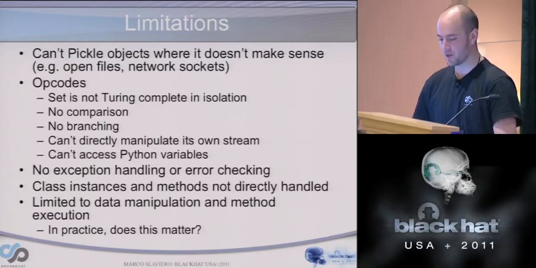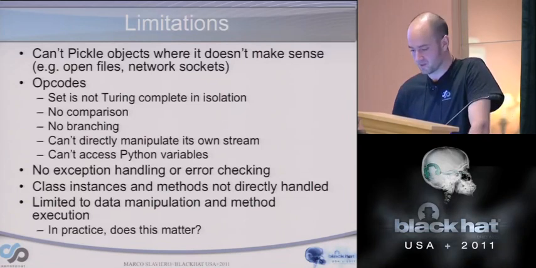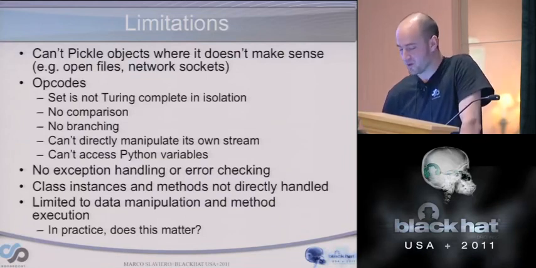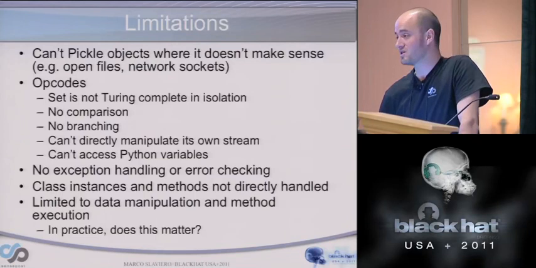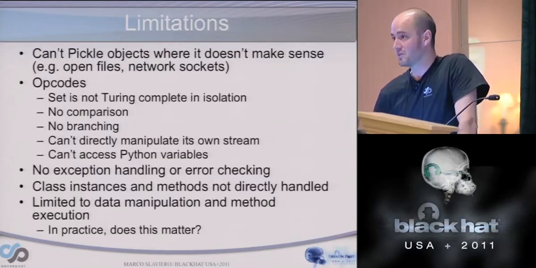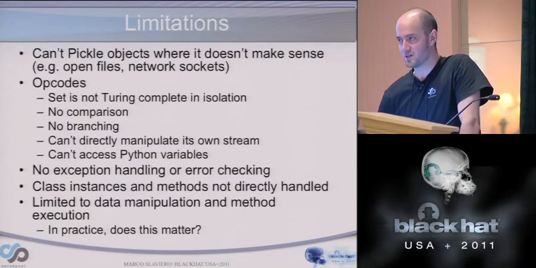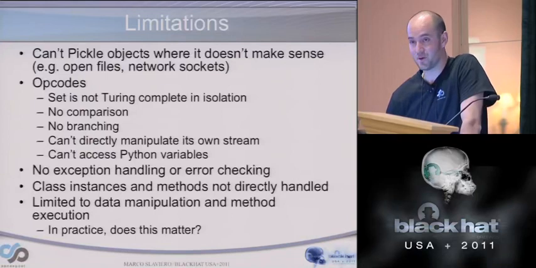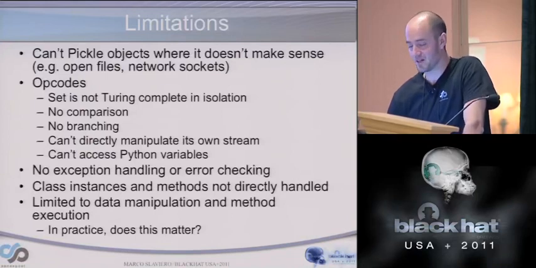In terms of the operations that are possible, or the opcodes that Pickle supports, that set isn't Turing complete. So for example, there's no comparison, there's no branching instruction. So you can't write fully fledged programs just in Pickle instructions. You also don't have any error handling in Pickle. So if your Pickle breaks, that's it, it dies.